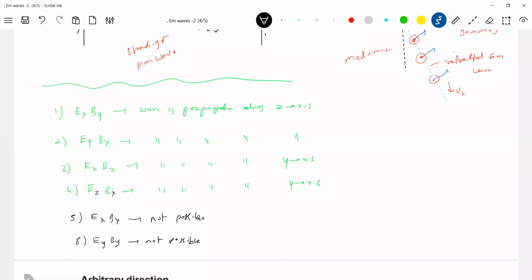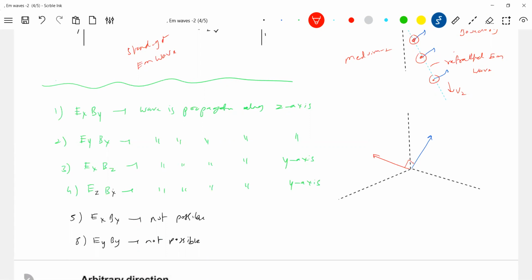And now your task question, sir. Is it always that E bar and B bar vectors will be along a certain axis only? Can't they be like this? They're perpendicular, no?